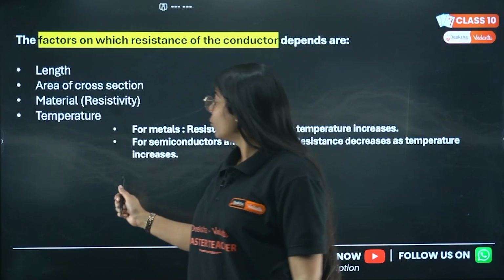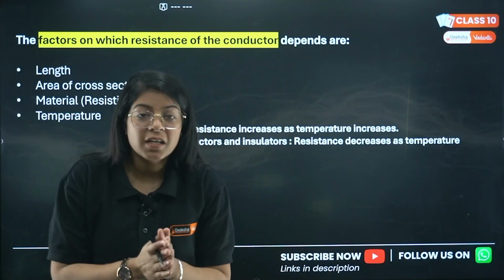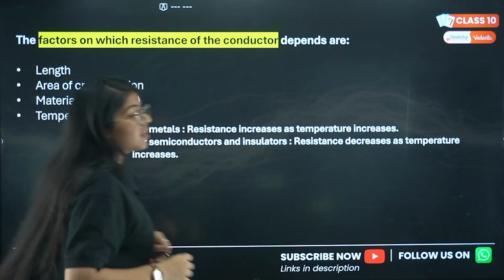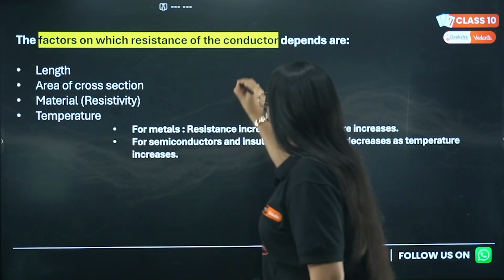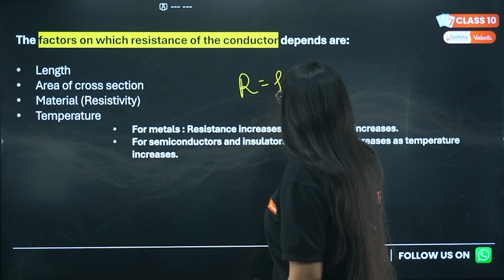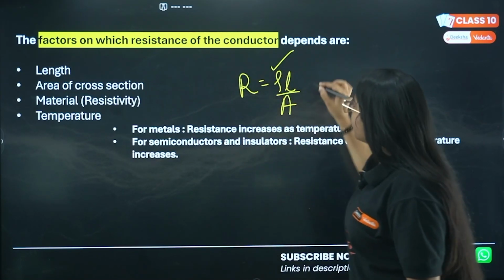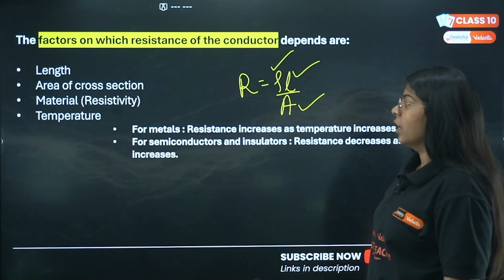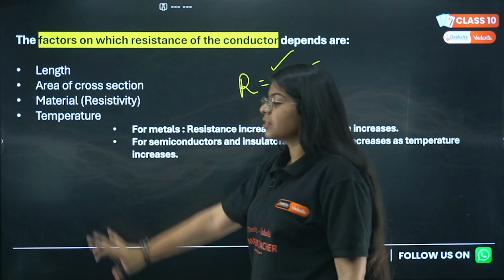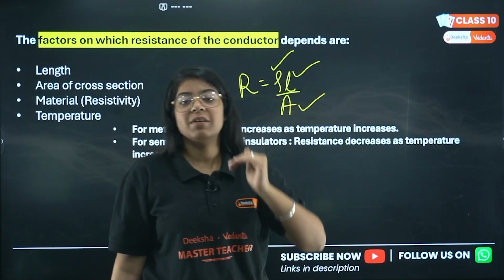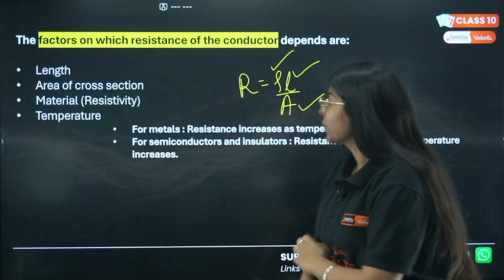Okay? Moving on, we have the factors on which the resistance of a conductor depends. We have studied it. See, the formula was rho L divided by A. So the factors are resistivity, length, and area of cross section. On area of cross section, resistance depends inversely. If area of cross section increases, resistance decreases. Understood?